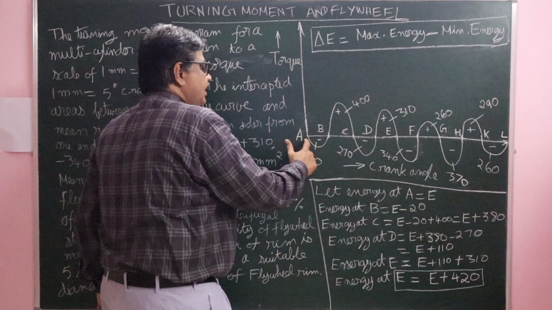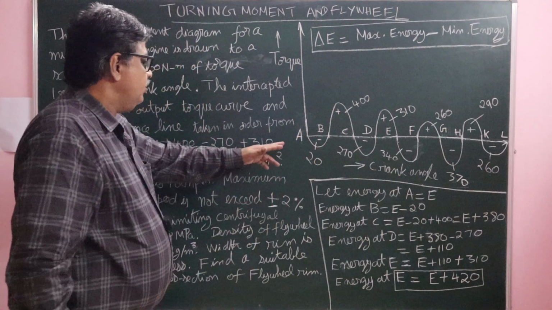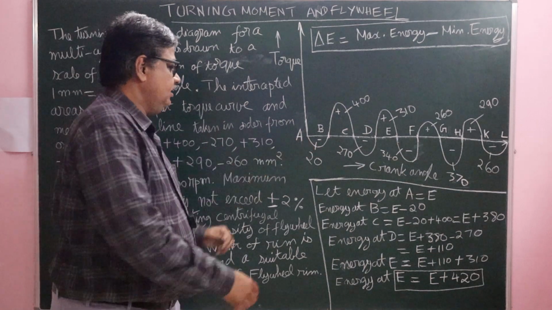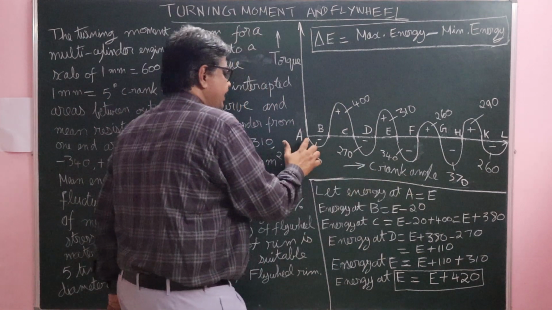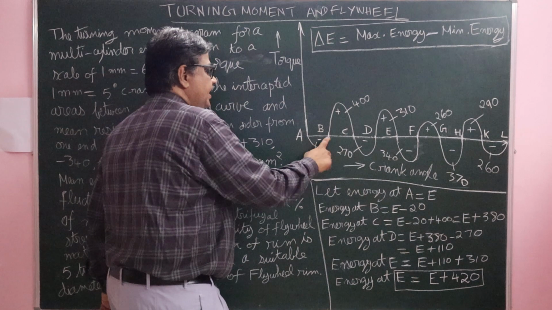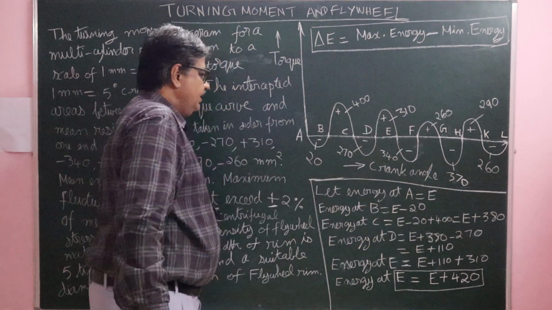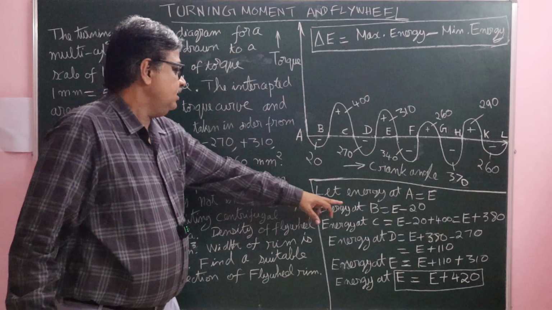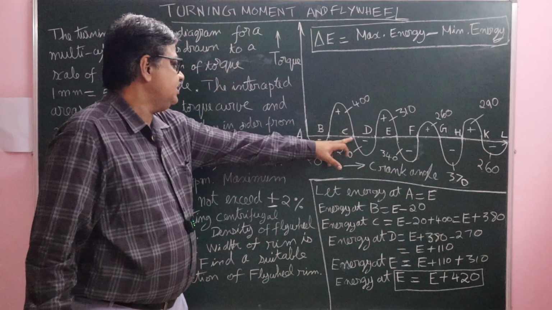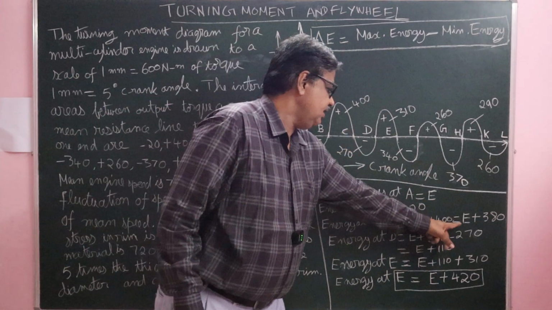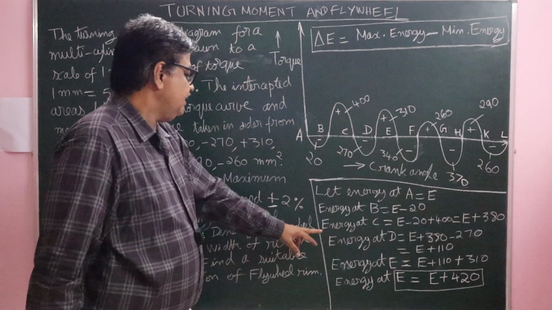Now let us assume the energy at A is equal to E. Therefore energy at B is E minus 20, because it is a negative area. Energy at C is E minus 20 plus 400, that is E plus 380.